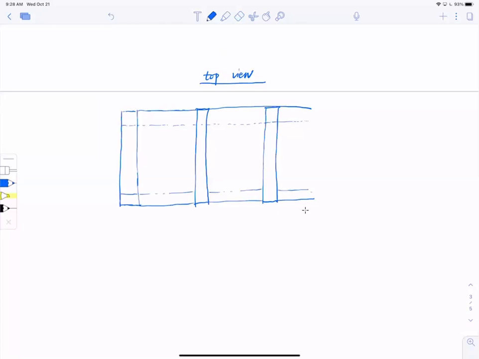And I have columns here. This is the column. So I can call this bay A, bay B, and this bay 1, bay 2. If I have smaller internal beams, I could draw them, but right now this is what it looks like.